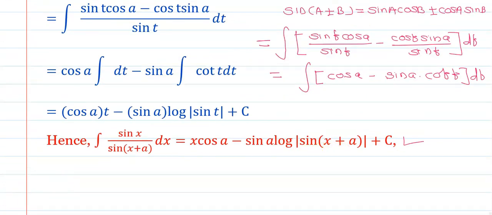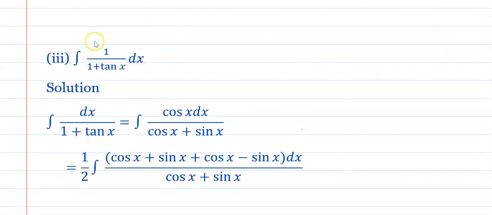Now next problem. Integral of 1 upon 1 plus tan x into dx. Now here we don't know this type of integration in the standard form, but if we rearrange the terms like this here, integral dx upon 1 plus tan x means what?